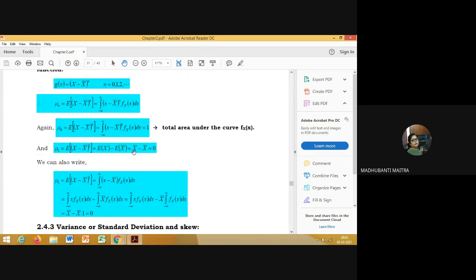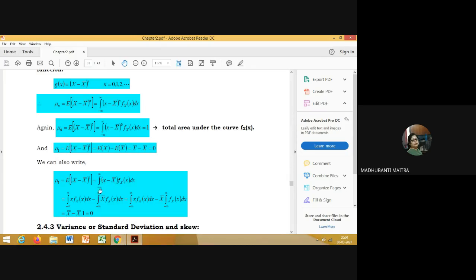Now we can prove this in another way. mu1 is the expectation of (x minus x bar) to the power 1. As per this definition, it will be equal to the integral from minus infinity to infinity of (x minus x bar) fx dx. Now we can break this expression into two parts.